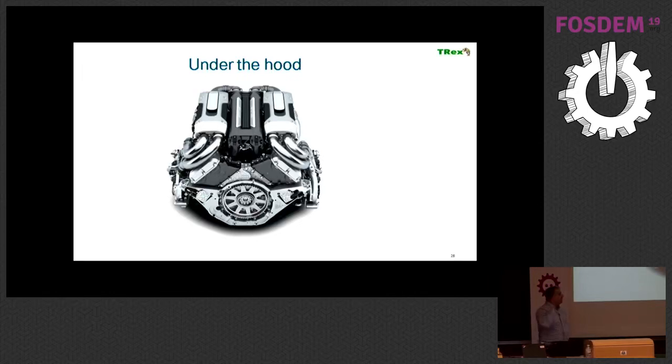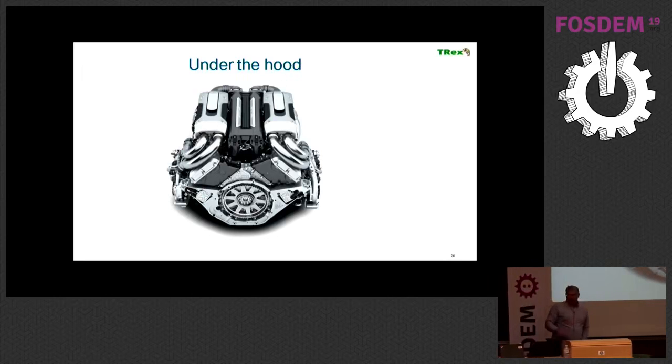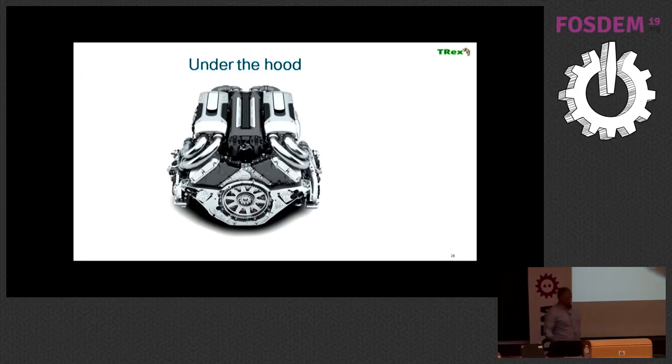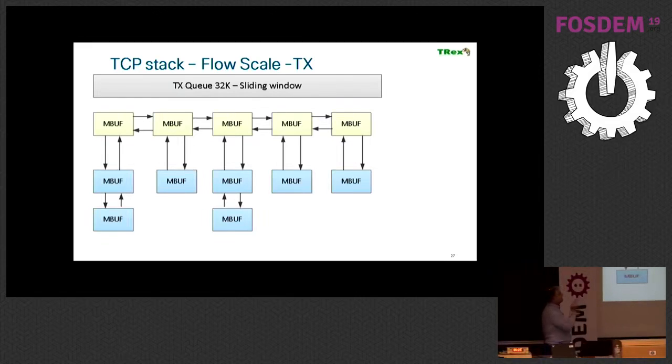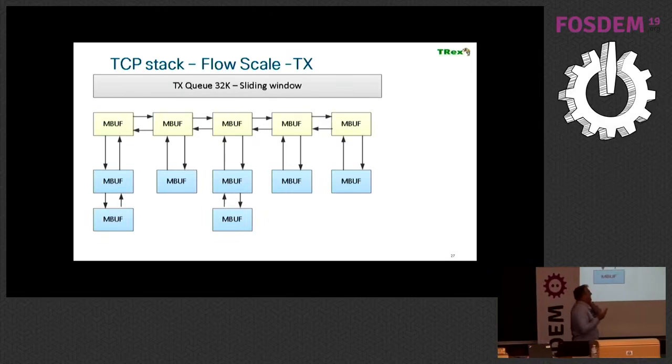I want to touch on one point of the complexity, what we did. This is a real engine, by the way, of the car that I showed before. So let's see what is the problem with scale with TCP. This is one flow of a TCP. Okay? On the transmit side, you have a sliding window, let's say 32K or 64K.